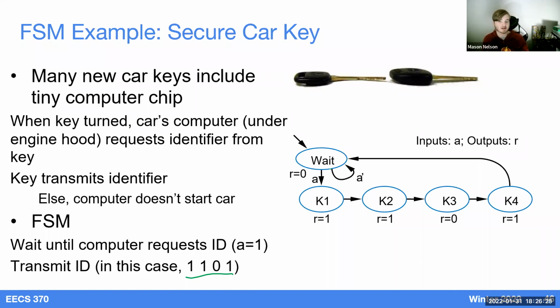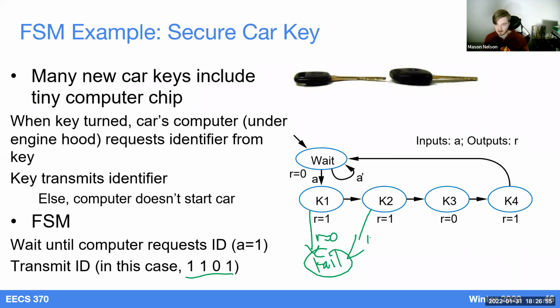But once it's finally activated, then it's going to check, okay, is the first bit a 1? All right, then we can move on. But if it's not, then technically we should move to some sort of fail state for r equals 0. Then we get the next bit. Oh, it's not what we're looking for.